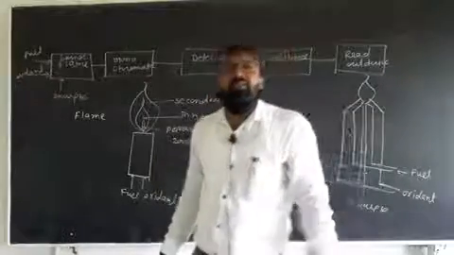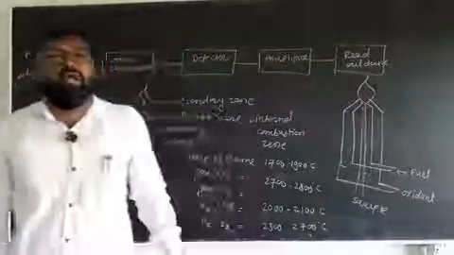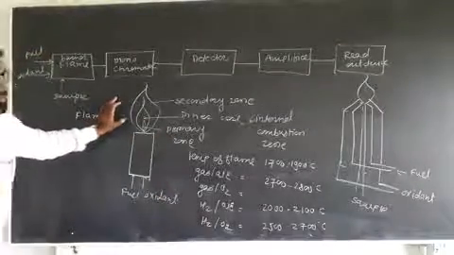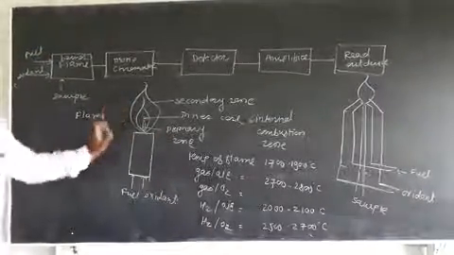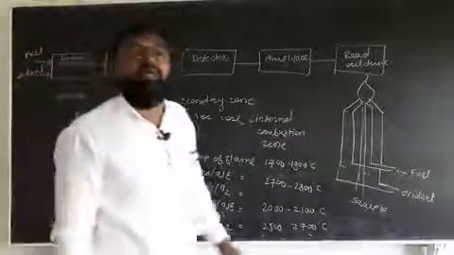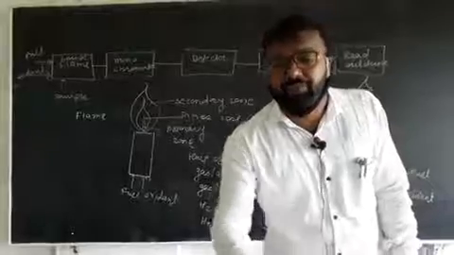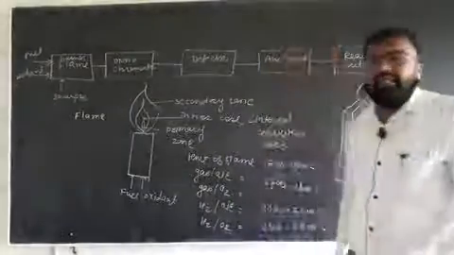In the hot flame, this residue is converted into neutral gaseous atoms, and these gaseous atoms absorb the energy from the flame and go to the excited state. The excited state is unstable, so they come back to the ground state with emission of certain kinds of radiation with some intensity.